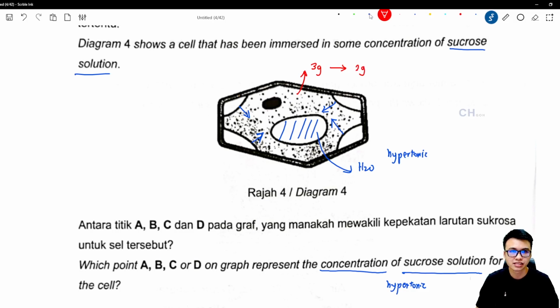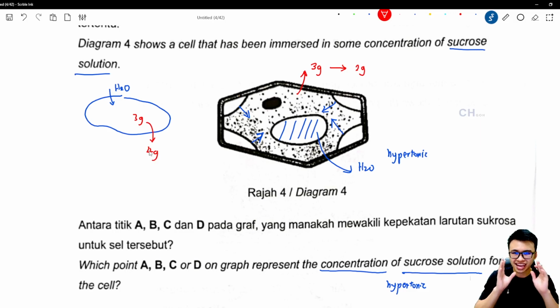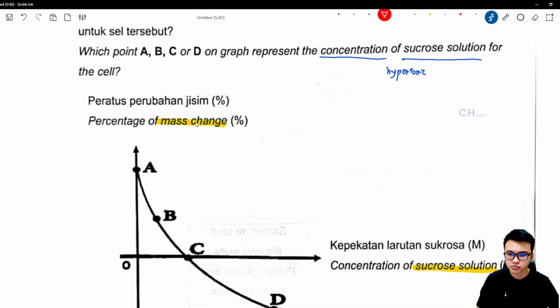So let's say another example, we have a cell here, and initially this cell is 3 grams as well, but water moved into the cell, correct or not? So if water moves into the cell, if you measure the mass of the cell again, I'm sure the mass of the cell will increase, let's say 4 grams. So if you can understand this concept, then we can look at the graph here.